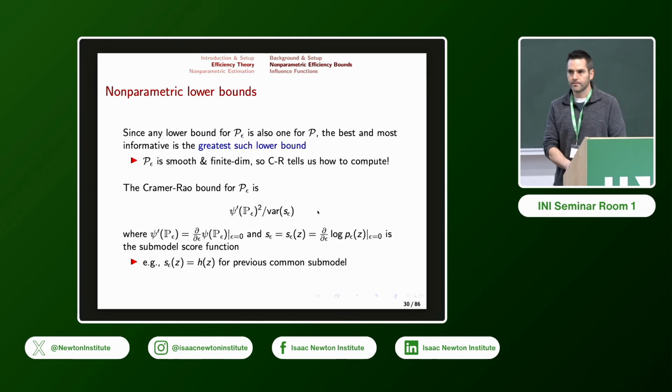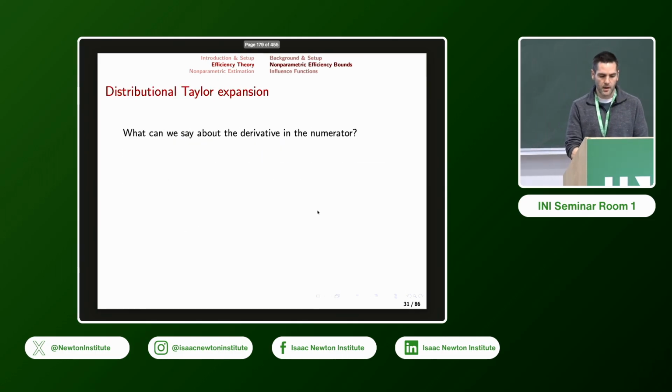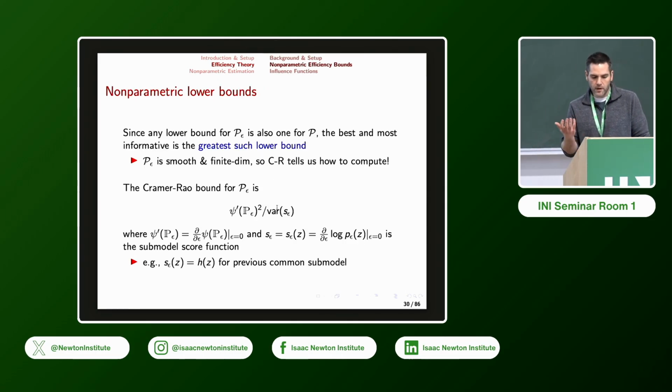Okay, so that's the task. So basically, for any submodel that you give me, the variance of the score is easy. That just pops out of the form of the submodel. Now the question is, what do I do with this numerator? Because I'm trying to maximize this Cramér-Rao lower bound. The denominator is easy, just comes out of the form of the submodel.